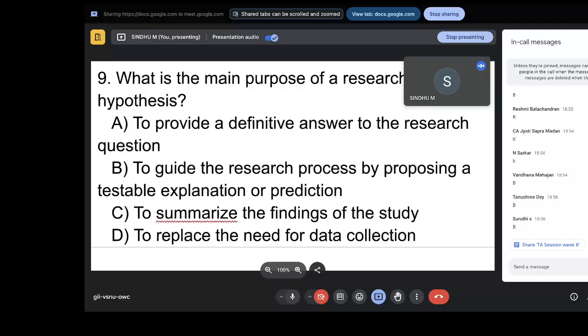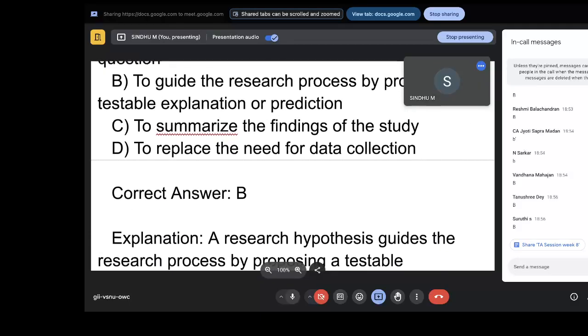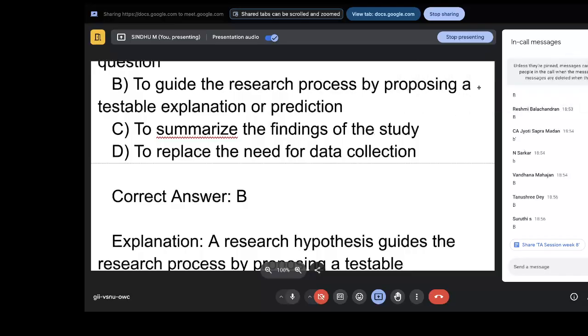In science, one of the main concepts is hypothesis testing, where we form many hypotheses and try to test them using experiments and data. It gives a more structured approach to science. So the correct answer is option B, to guide the research process by proposing a testable explanation or prediction.